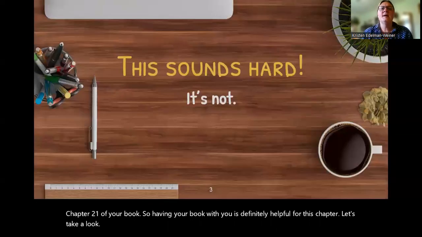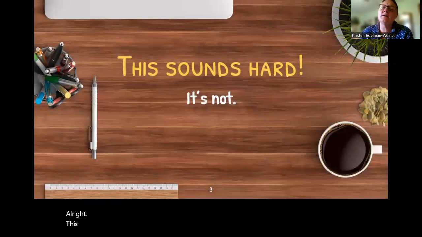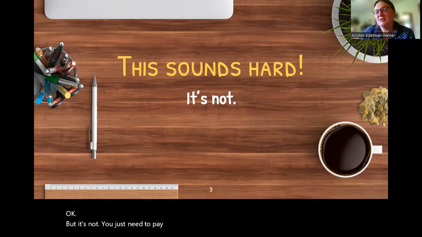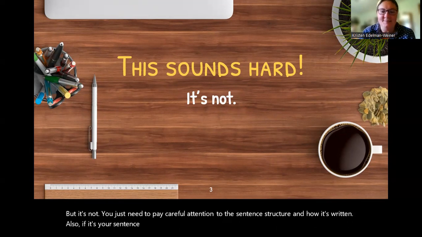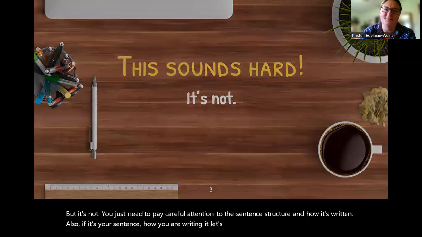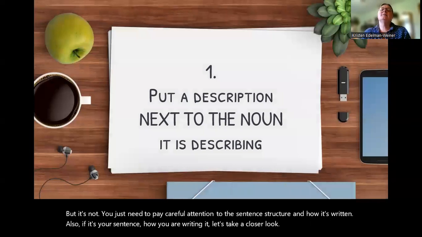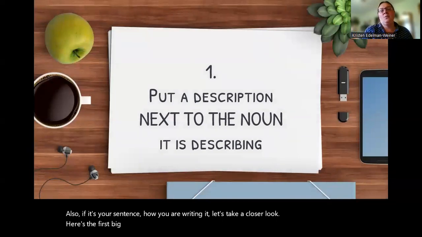All right. This sounds really hard. Okay, but it's not. You just need to pay careful attention to the sentence structure and how it's written. Also, if it's your sentence, how you are writing it. Let's take a closer look. Here's the first big idea.